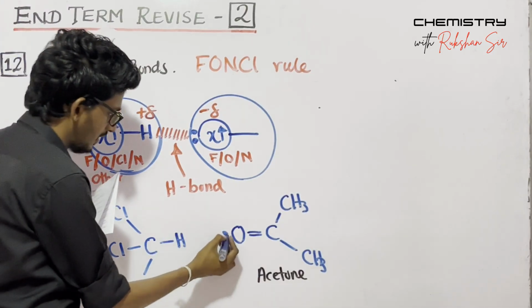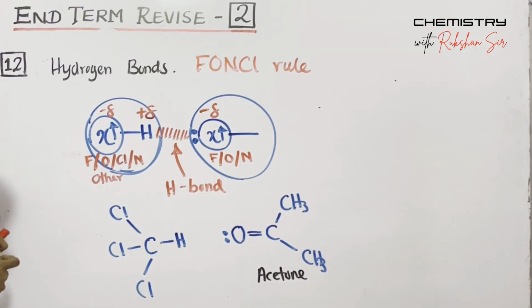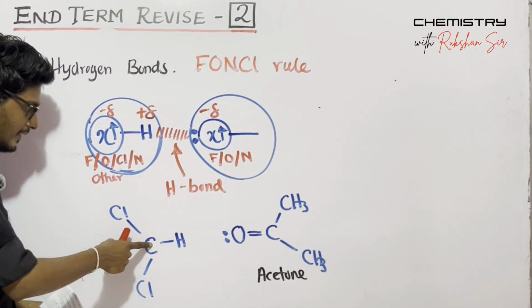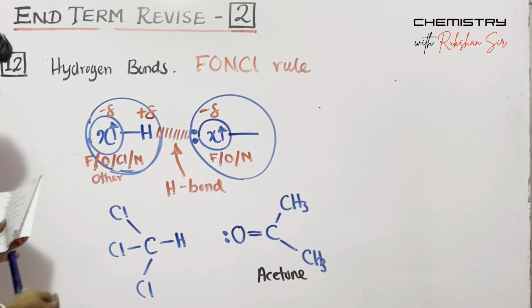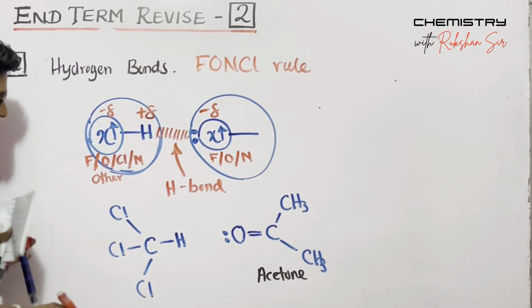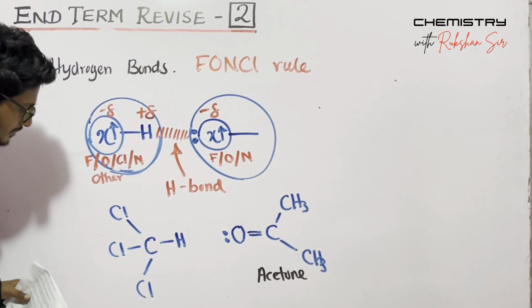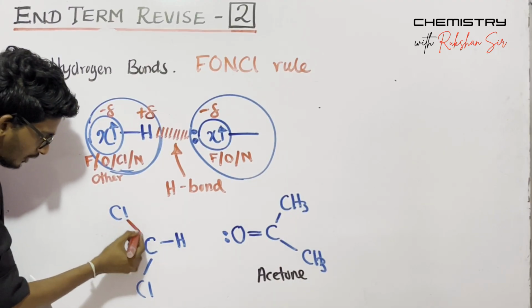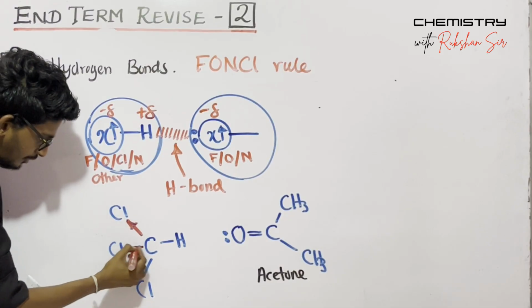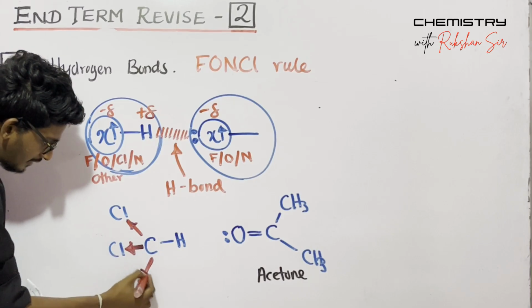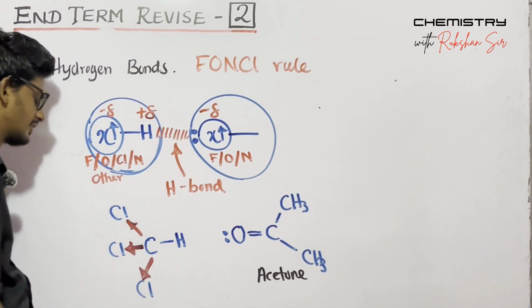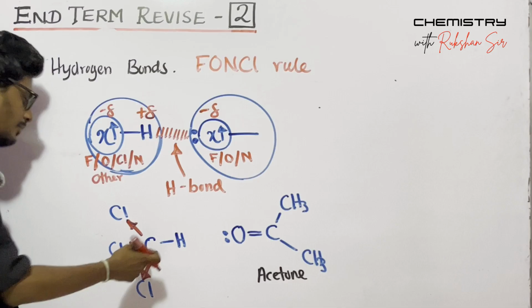You have a lone pair here. Even though carbon is not a highly electronegative atom, as that carbon is attracted to three chlorines, which are highly electronegative, the electrons will be greatly attracted towards these chlorines, and the electron deficiency of this carbon is very high.